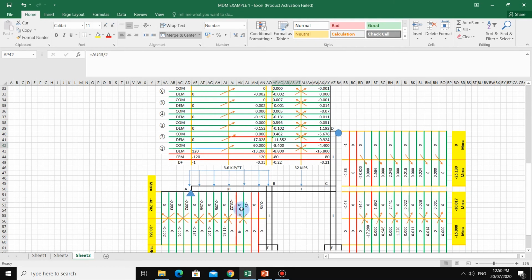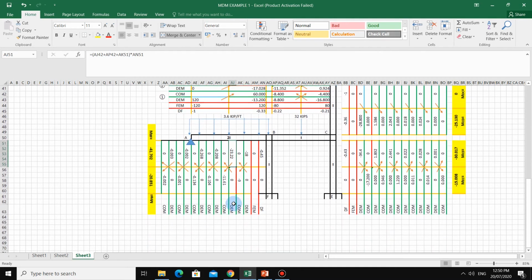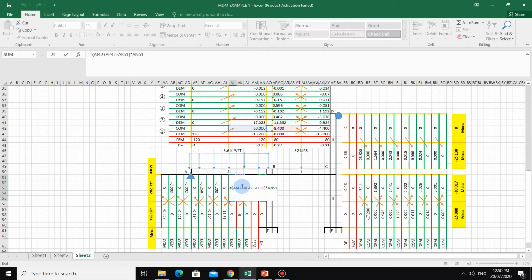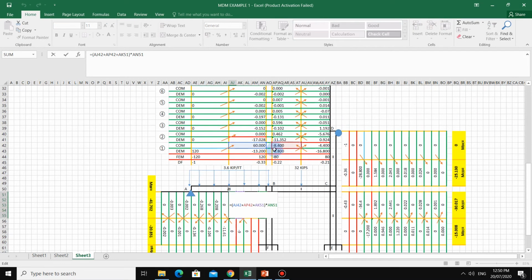Then how about this? For BF, 60 minus 8.4, plus 0 here, then times the distribution factor, negative 0.45. Okay, so negative 23.2.